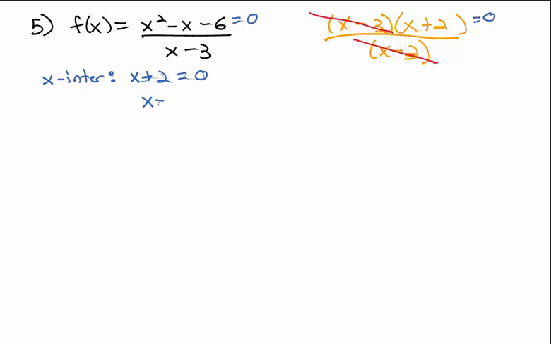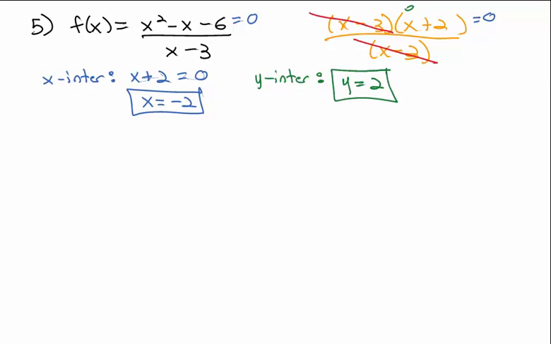And so when we subtract 2, we get x equals negative 2 for our x-intercept. Our y-intercept, again, we only need to take what's left and plug 0 in there. So we have 0 plus 2, or y equals 2, for our y-intercept.